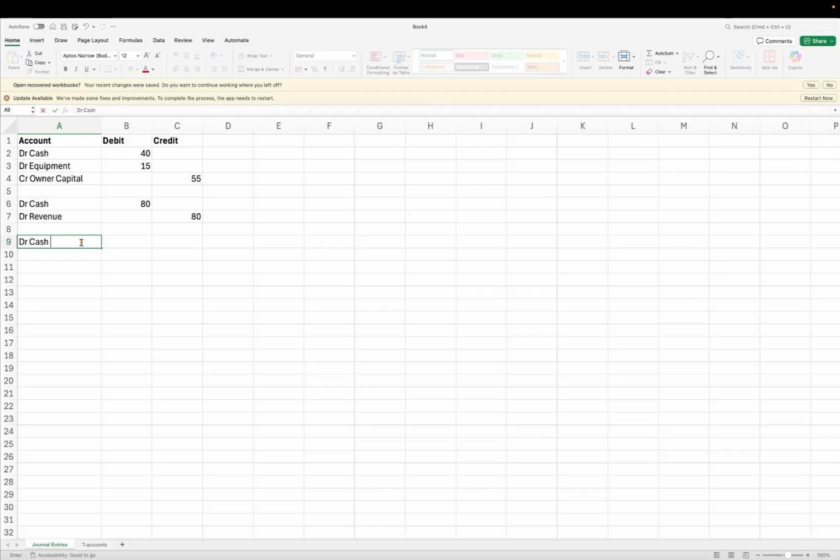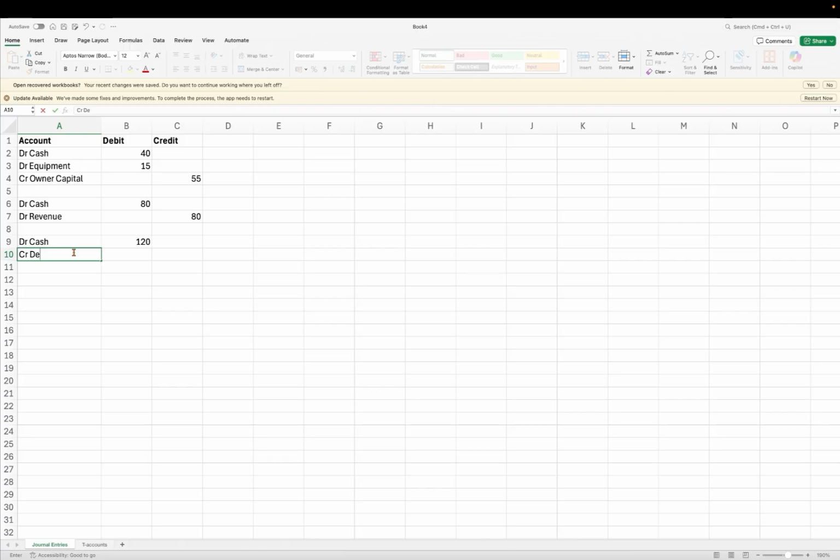So I debit cash for 120. Here we have this debit, and however, these services have not been provided yet.